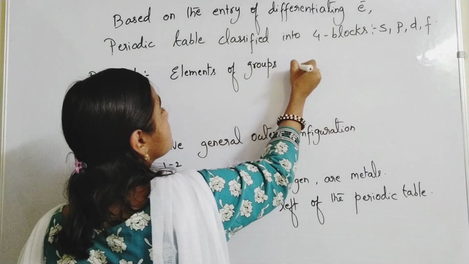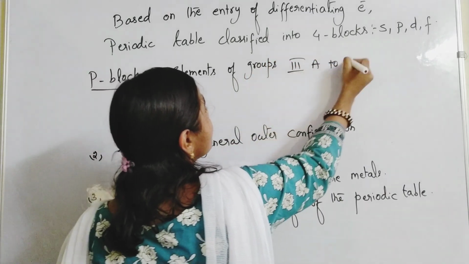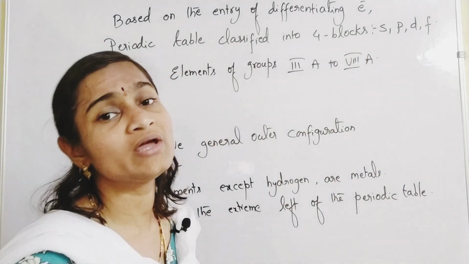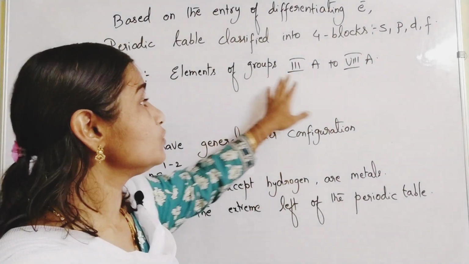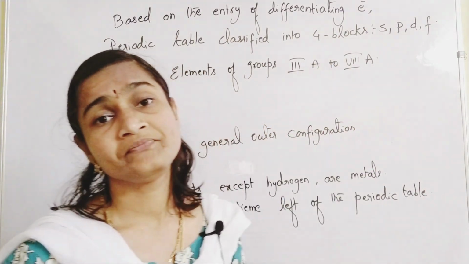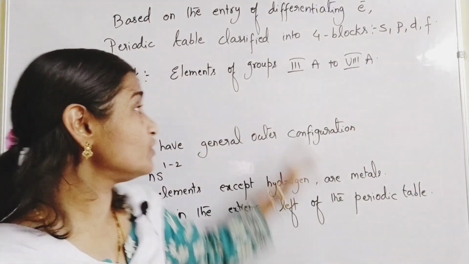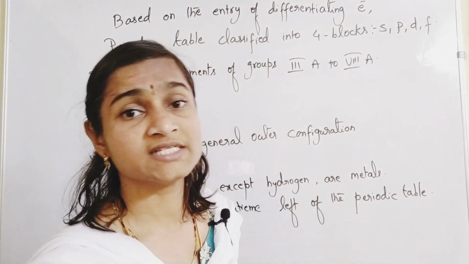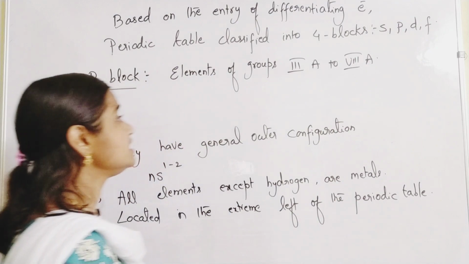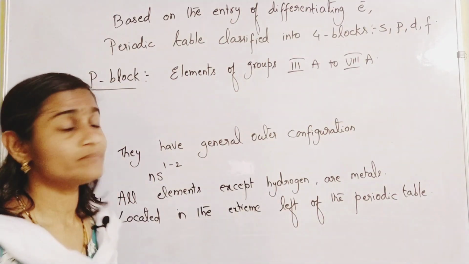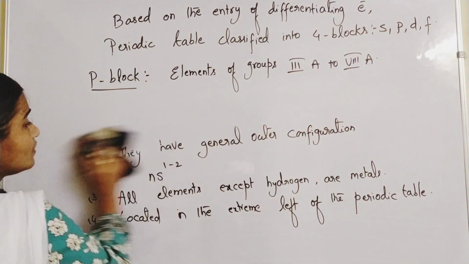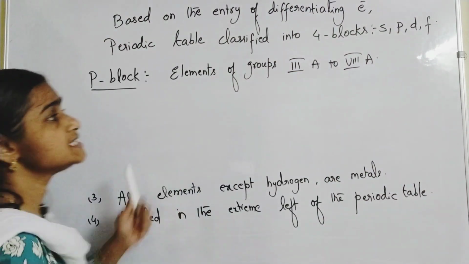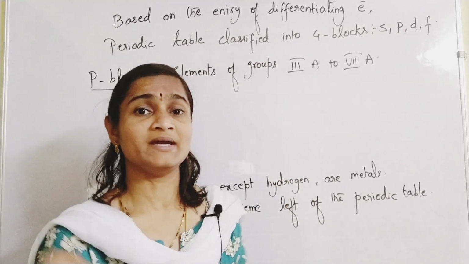Elements of groups 3A to 8A are called P block elements. 3A group means boron family. 8A group means inert gases or aerogens. We have learned that. So 3A to 8A are called P block elements. Generally here there is a mixture of metals as well as non-metals.